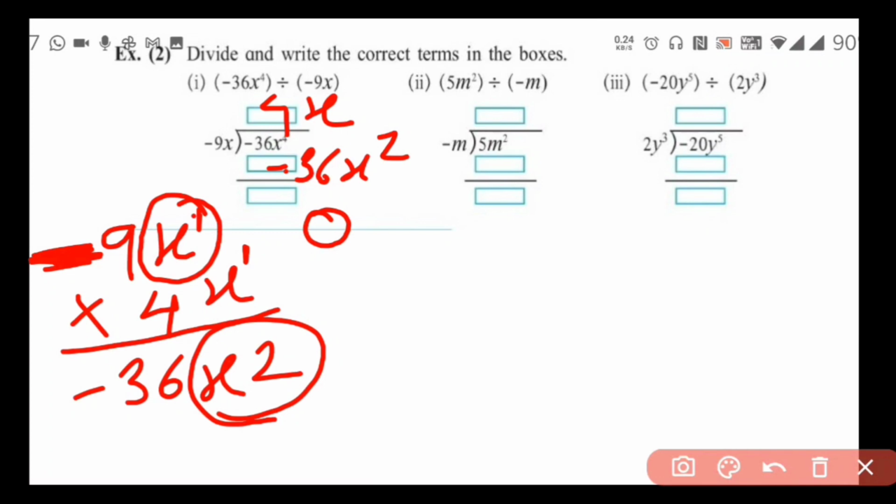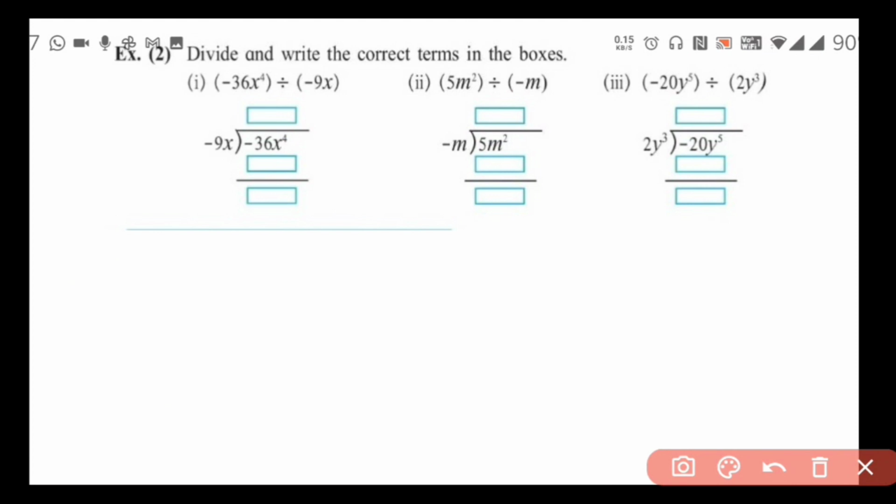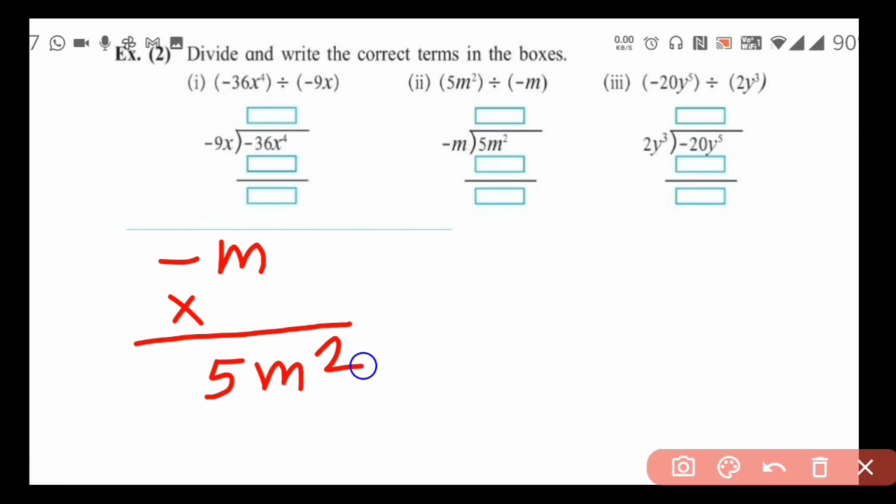Now let us see the second sum. Minus m is our divisor, 5m square is the dividend. So what we have to see? Minus m multiplied by what? The answer should be 5m square. So the minus sign is there, so we require a minus sign here also, because minus minus gives plus.